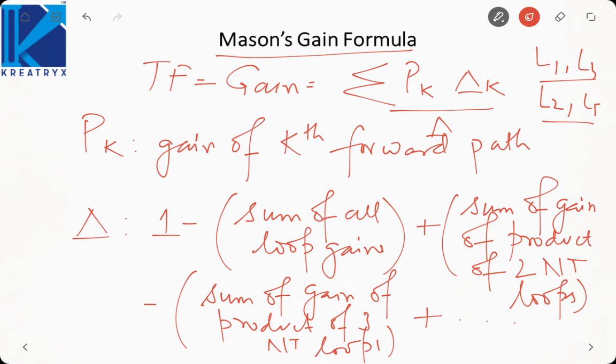So it will be alternatingly plus sign and minus sign, and we will go on increasing the number of non-touching loops. That is how we will form the delta, but usually delta will be concentrated up to this. The questions that will come in examination will not have 3 non-touching loops, only up to 2 non-touching loops.